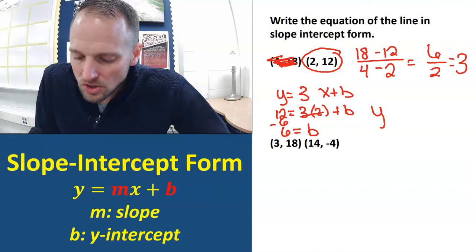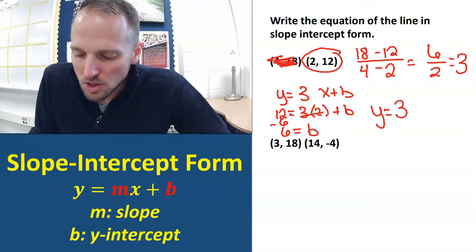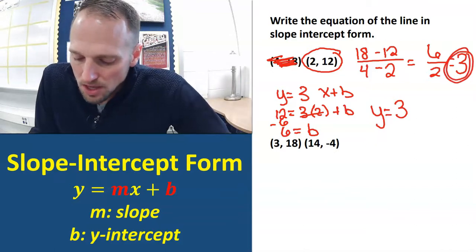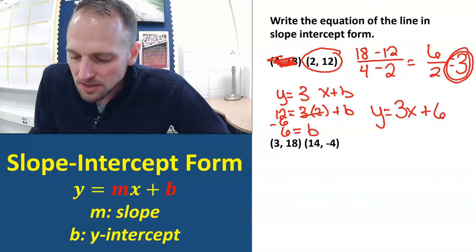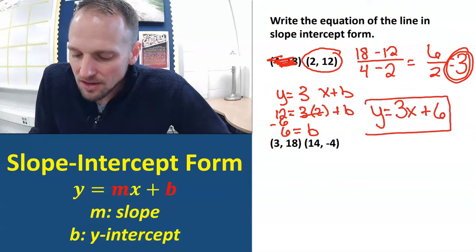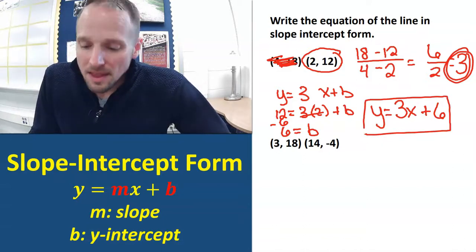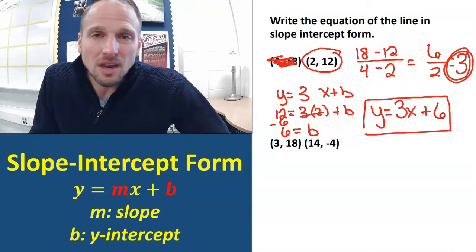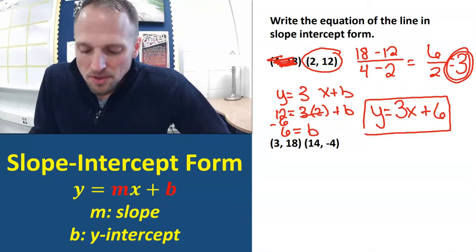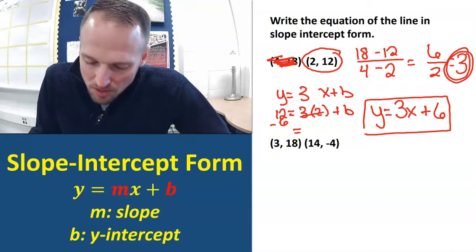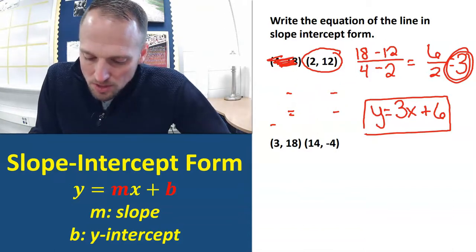So our equation is y equals m, which was 3, which we already found up there, 3x plus b, plus 6. That is our equation. So first thing we had to do was find the slope, and then we had to sub it in with an x and a y and solve it. Let's look at the next one. I'm going to erase what's up above just so that I have enough room to write this out.